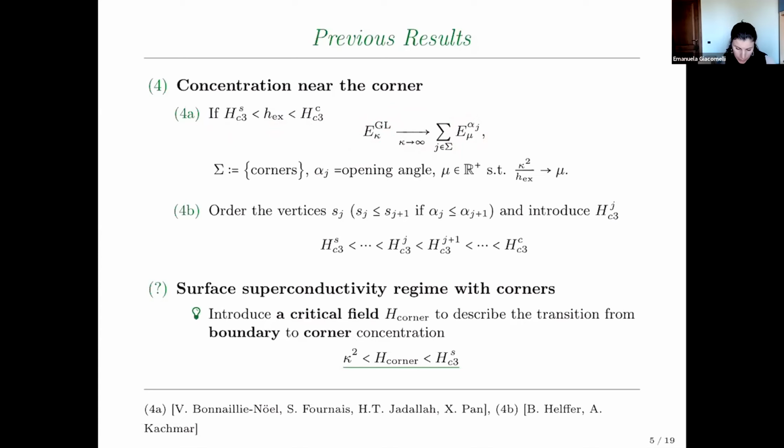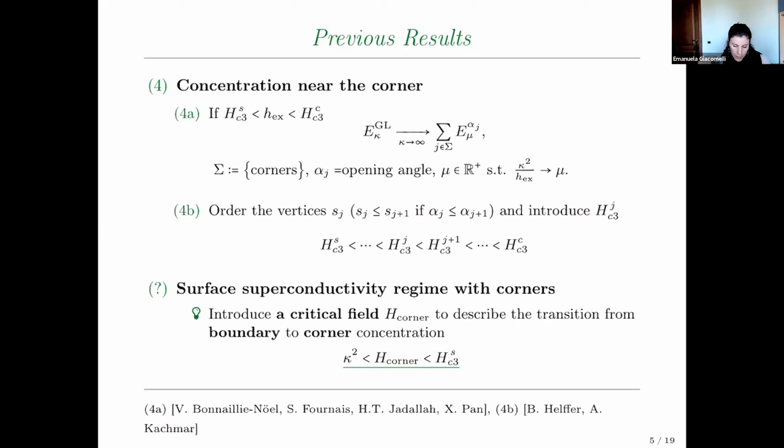corners. And moreover, and this is really the last thing I know it's proved about all of this concentration of superconductivity, what we know is that if you have many corners along the boundary, then what you can do is to label the vertices as j in such a way that you can introduce several critical fields HC3j, always in this interval here, which describes how superconductivity concentrates close to the j-th corner.